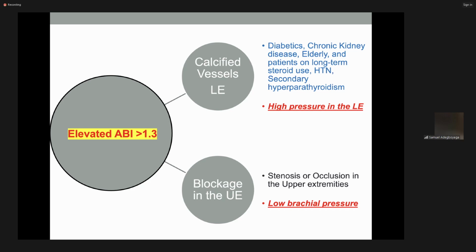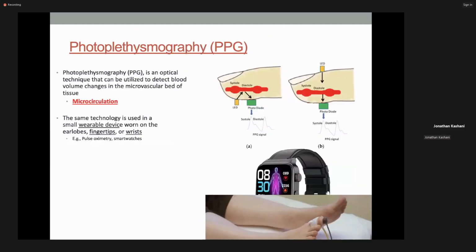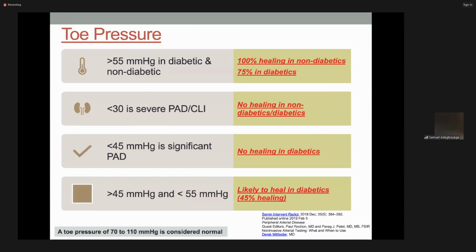A patient with biphasic 2 could have an elevated ABI. Sure. Was that true?